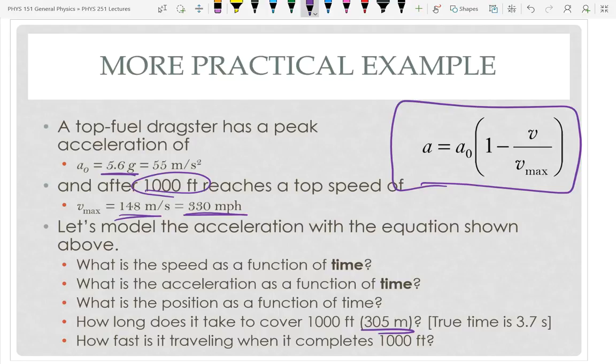Okay, so given this model, how do I find the speed as a function of time? What's the first thing you note when I say as a function of time? Change of velocity over change of time is acceleration.